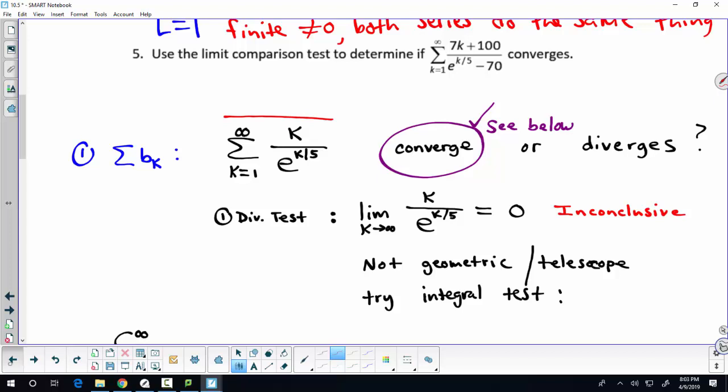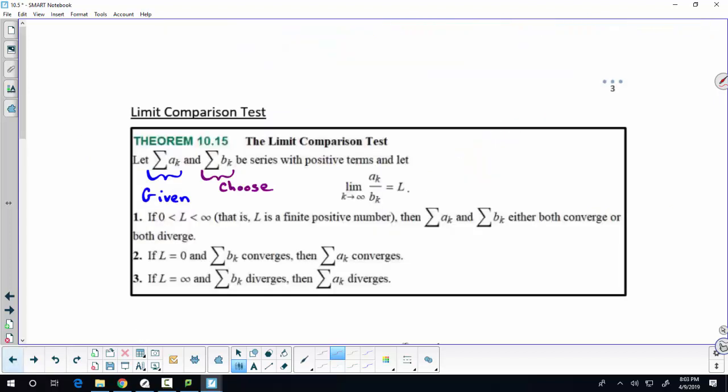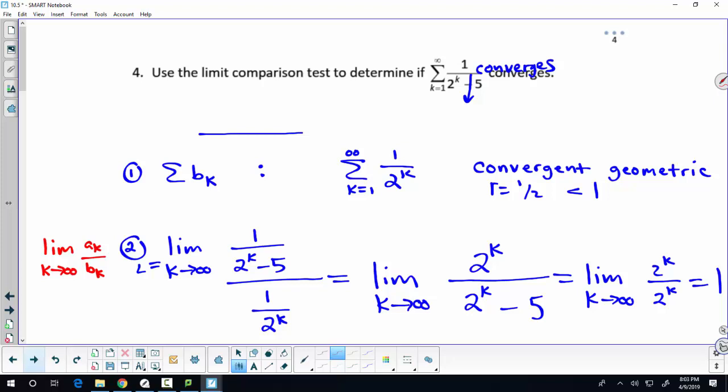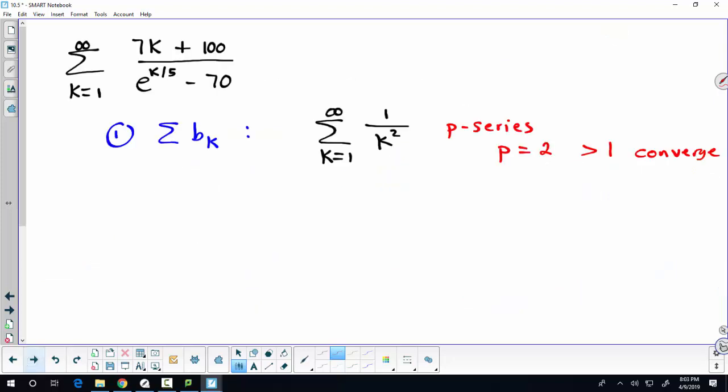But if we look at the limit comparison test, it just says let A sub k and B sub k be series with positive terms. Other than that, there doesn't have to be a connection between those two series. So you're saying that you could solve that last one? Yeah. So then let's see what that looks like.